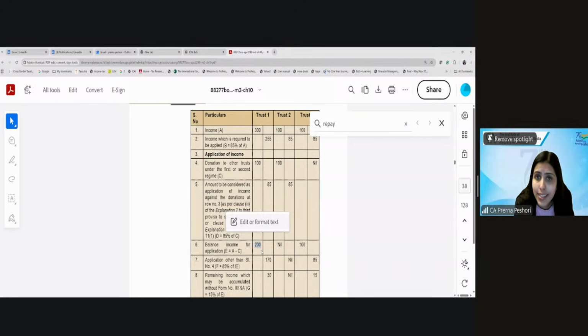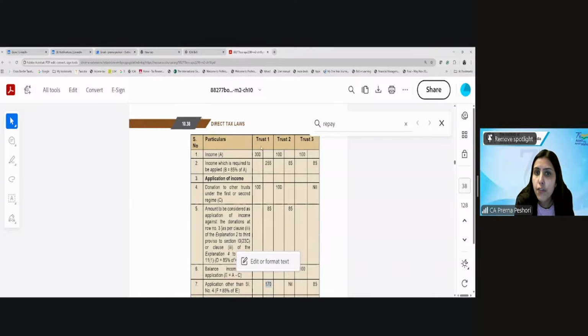So, what is the amount that I need to invest in the modes specified in 11(5)? 200 minus 170, 30. Correct? Which is 15% technically. Yes or no? So, if you do 15% of 300, that comes to 45.